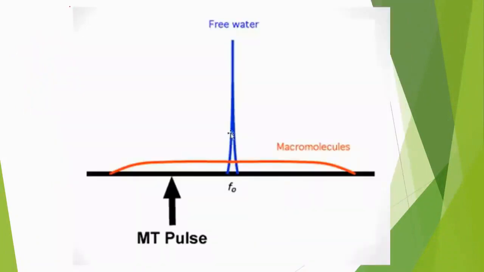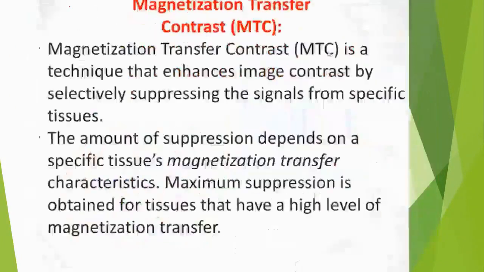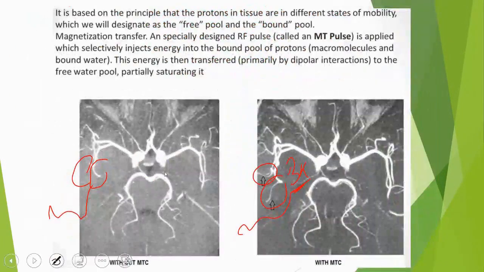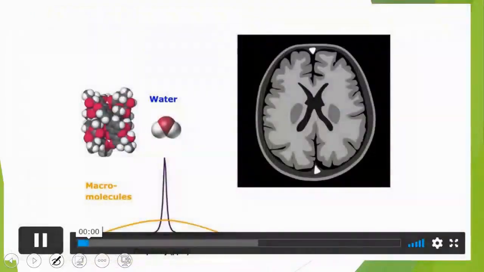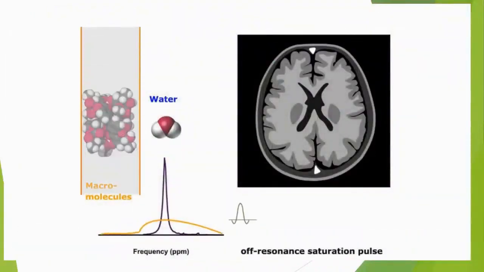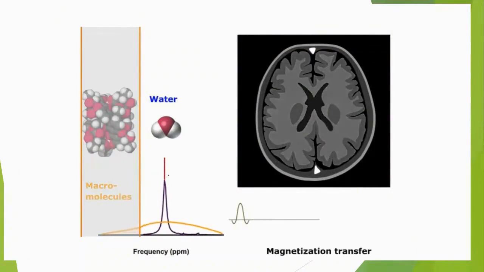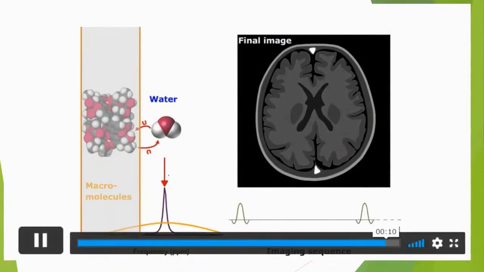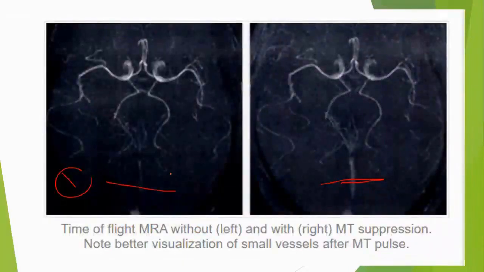The blood vessels appear like this, and the signal is the water, and here are the macromolecules. The signal is transmitted through magnetization transfer. It starts to create a separation of the signals from the tissues around the free water. This is called MTC, or magnetization transfer contrast, and it's an option available in the devices.